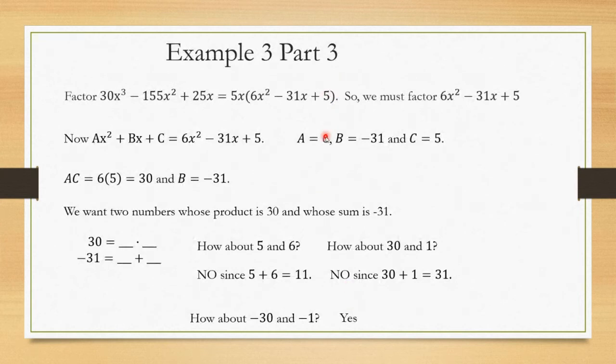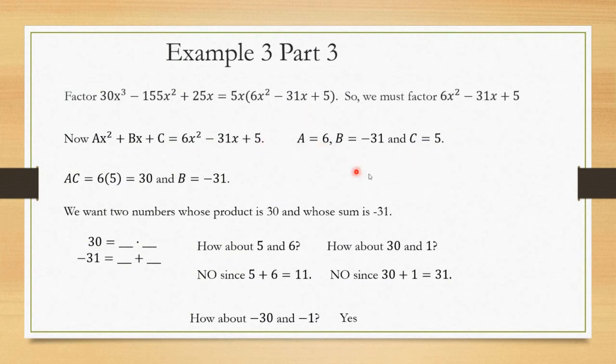Okay, so let's handle this. So again, just like before, our capital A is the coefficient of x squared, which is 6 in this case. B is minus 31. You have to include the minus sign. Don't forget to do that. C is 5.